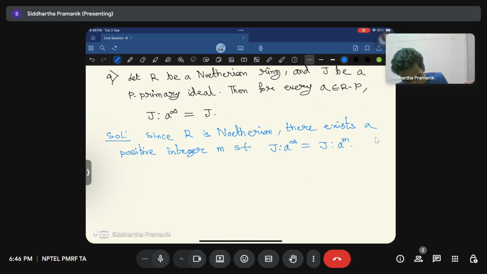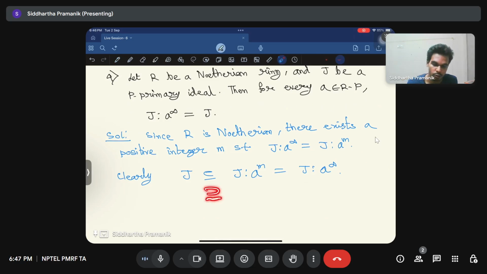Now clearly J is a subset of J colon a power m, which is our saturation. So one side is clear as usual. We need to prove the other inclusion, the reverse inclusion. So how to prove the reverse inclusion?